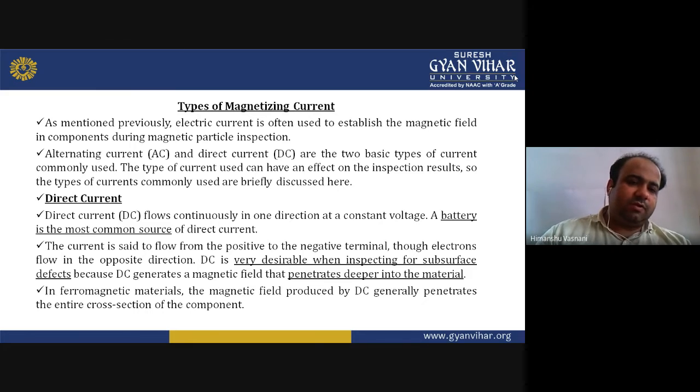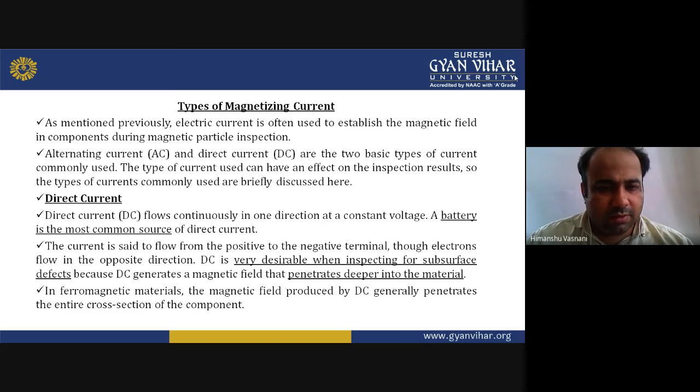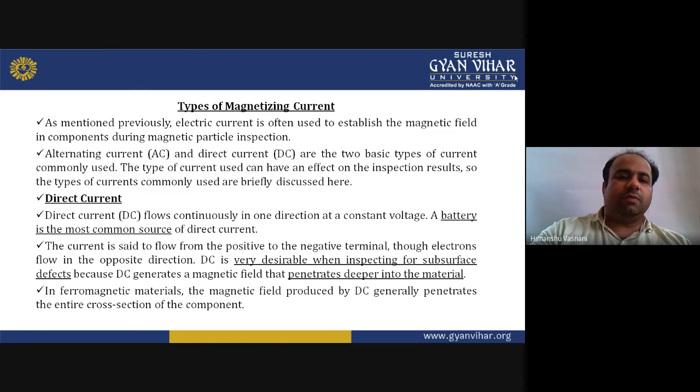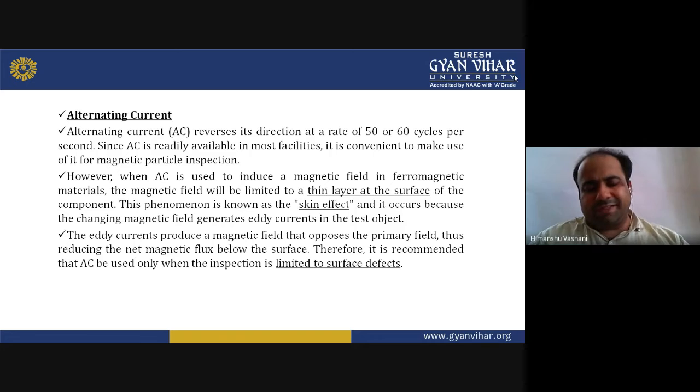In ferromagnetic materials, the magnetic field produced by direct current generally penetrates the entire cross section of the component. Now we're talking about the second type, alternating current, AC.